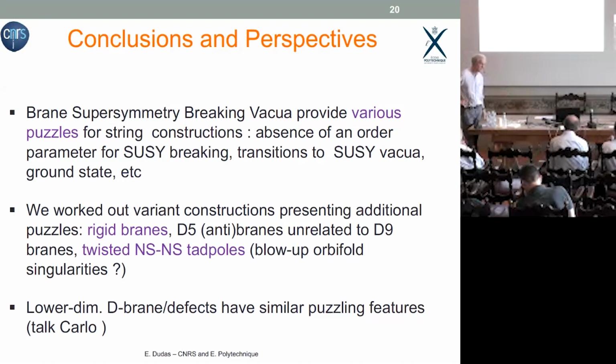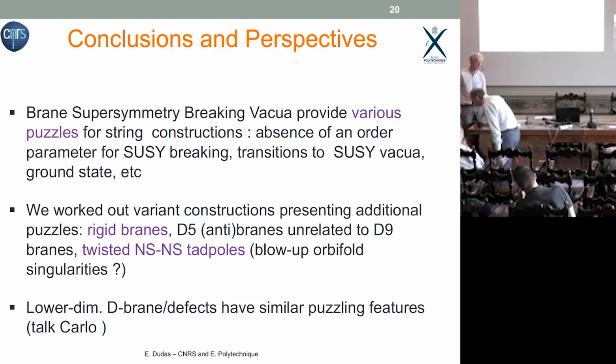Because I remember Uranga, Aldazabal, they had some cases where I don't remember, but I think it was. You mean if tadpoles are stronger than anomaly cancellation? Yeah, sometimes the Ramond-Ramond tadpoles are stronger than anomaly cancellation. That's true.